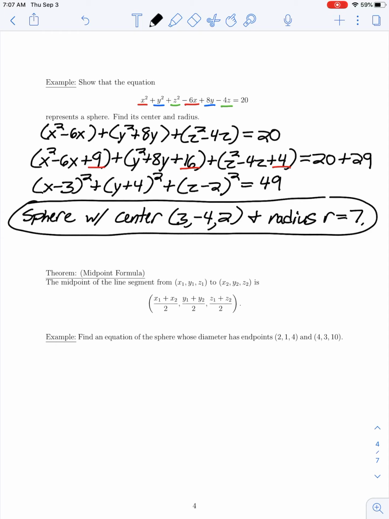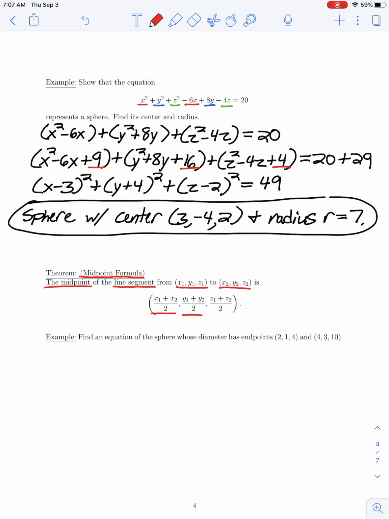So the next thing we'll talk about is a formula for the midpoint of a line segment between 2 points in space. It's very similar to the midpoint formula for points in the plane. So we have the following theorem, which is our midpoint formula, which says that the midpoint of the line segment from one point, x1, y1, z1 in space, to the point x2, y2, z2, is the point whose x-coordinate is the sum of the x1 and x2 coordinates over 2.